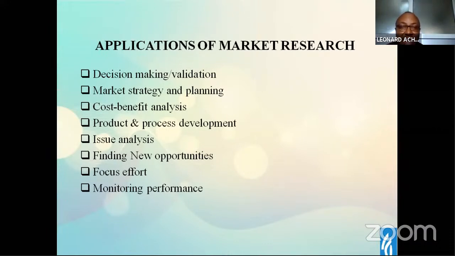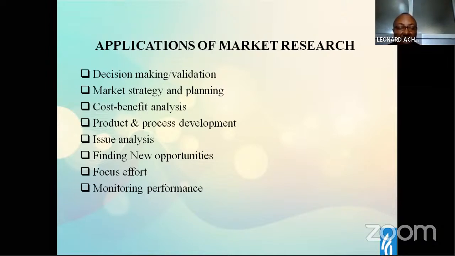So I was talking about areas that we can apply market research and market information gathering. We talked about decision-making, market strategy and planning, cost-benefit analysis. And we were looking at product and process development when the network went off. Product development: if you need to change line of production, the process, all of that can be done through information gathering from the marketplace.